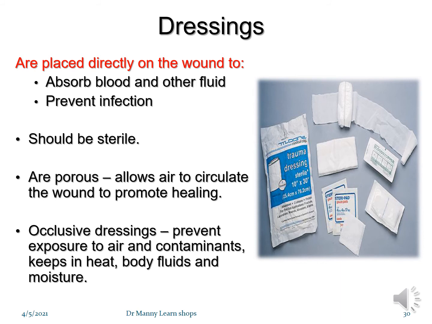What's their purpose? They absorb blood and other fluids. Hopefully they prevent infection because they should be sterile. They're typically porous, which allows air to circulate, and if they're on chronically, they promote wound healing.